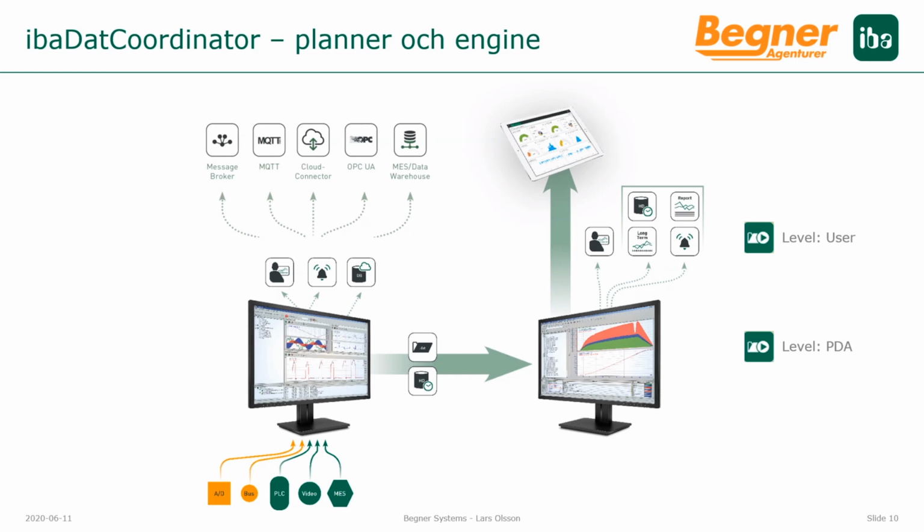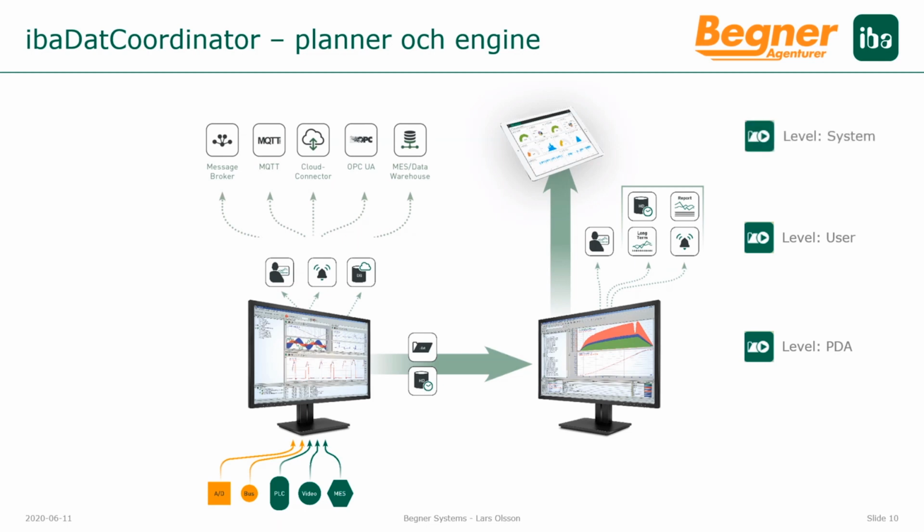It might be that no one else is interested in those values, but you can use it for your own work, and then you can use ibaDatCoordinator on your own local computer to do those aggregates for you.